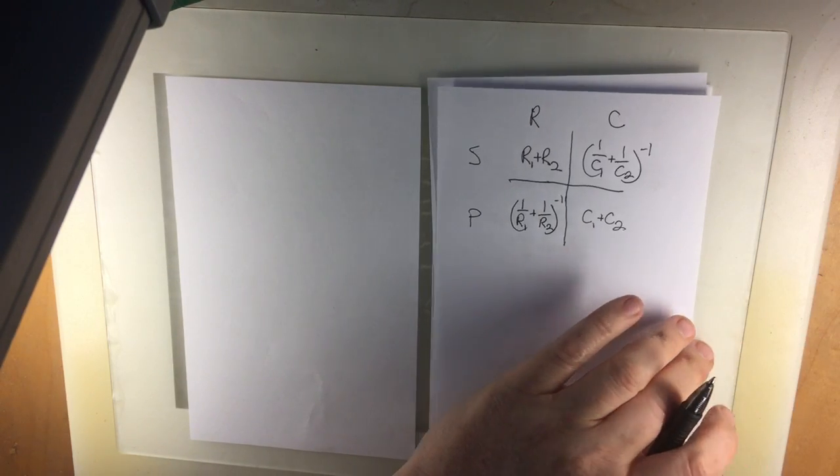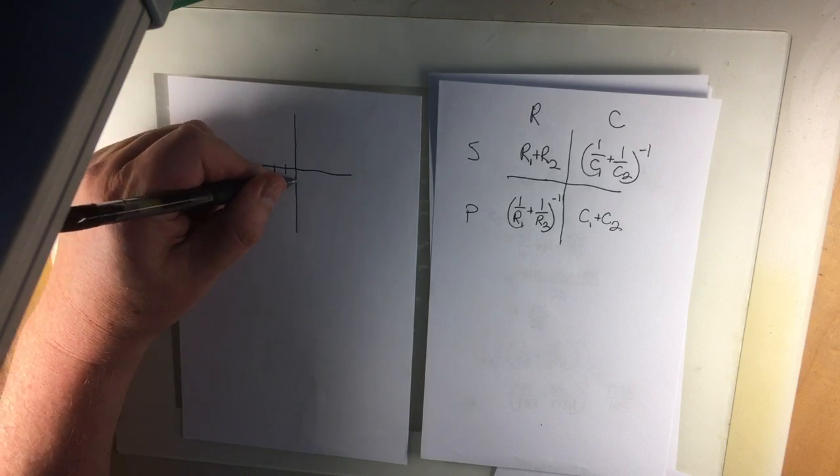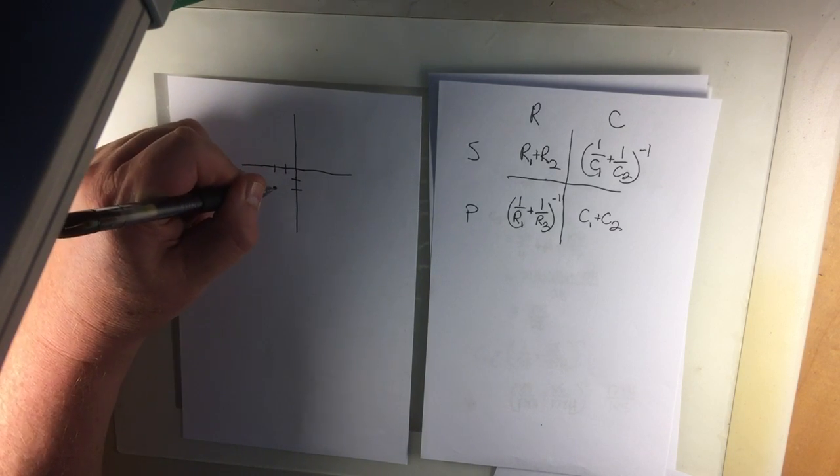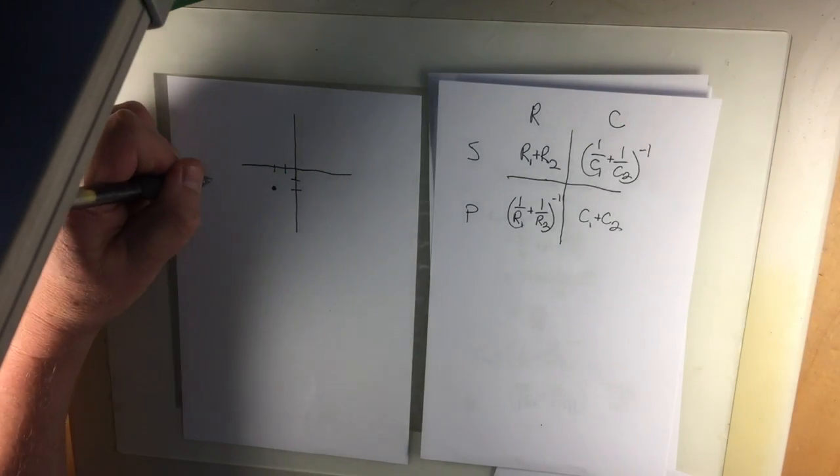For the vector addition problem, first things first, draw this thing out. The point that I want to study is at -2, -2. So that's the point, and I want to know the E field at that point.